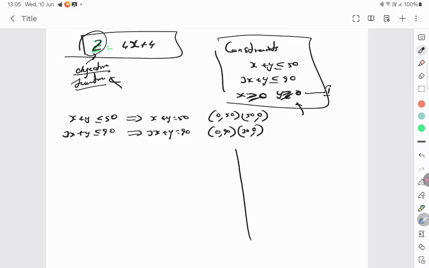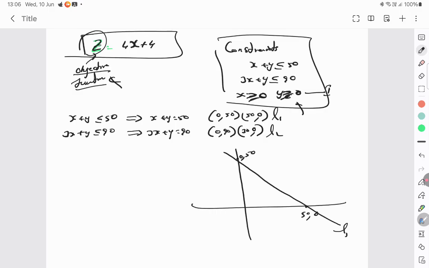Now with these 2 points available, let's call them line 1 and line 2. The point (50, 0) can come here and (0, 50) can come here. Connecting these 2 points will result in line 1. I can draw a thick line because it's less than or equal to. But if it was only less than 50, then I would have to draw a dotted line here.